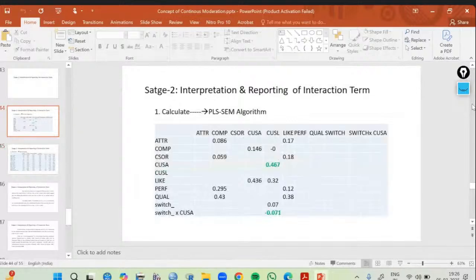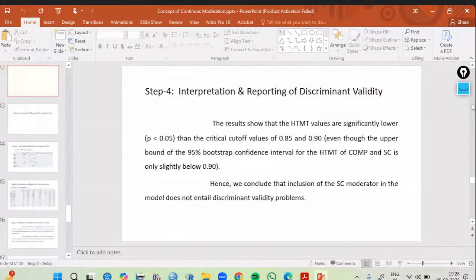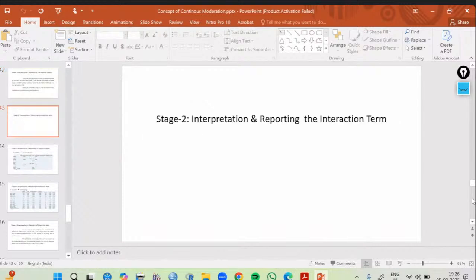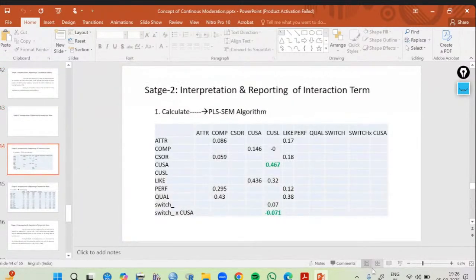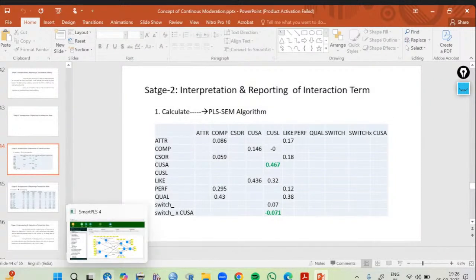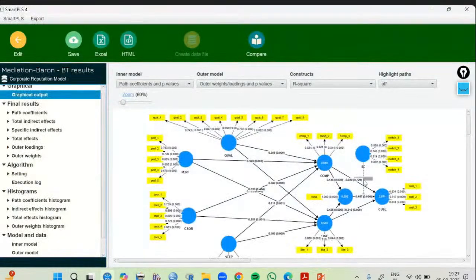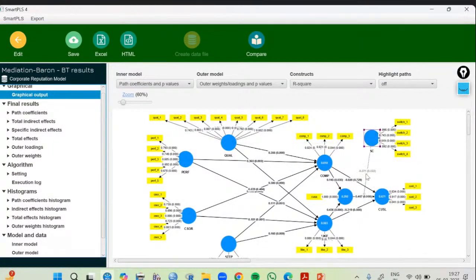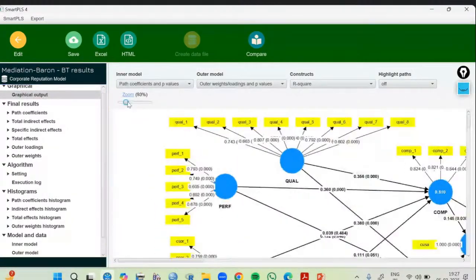First we will check the interaction term. Interpret the interaction term, whether the interaction term is significant or not. So this is my output. Interaction term, you can see this interaction term is point minus, you can see this interaction term.